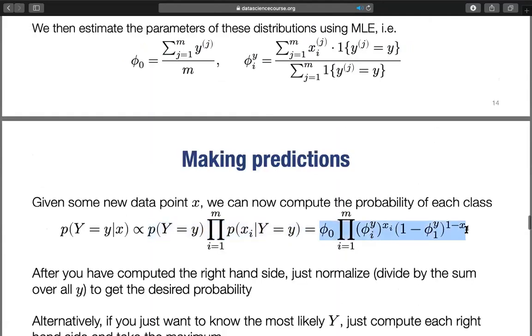It is the probability of y, which we have calculated here, times the probability of this multiplied by this. Remember I told you earlier that this is a simplified expression for this. So if your x is equal to 1, you would have this, and if it is equal to 0, you would have this.